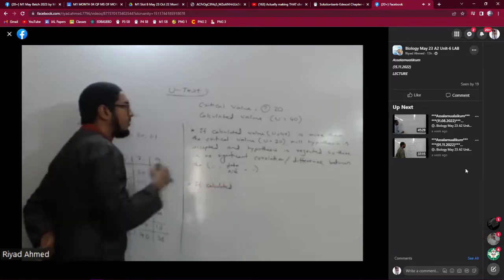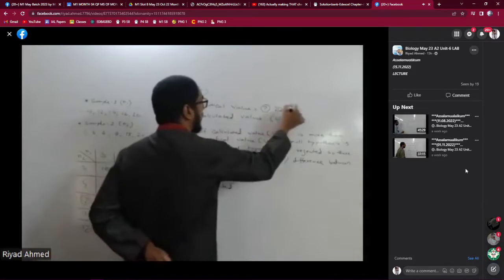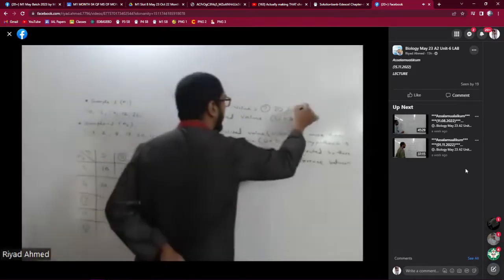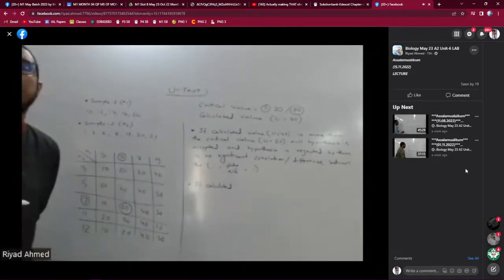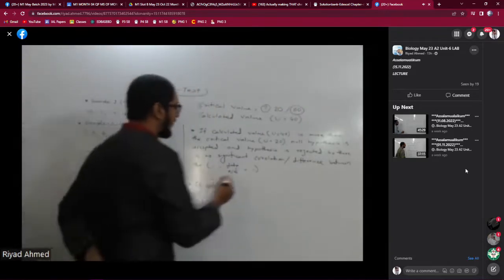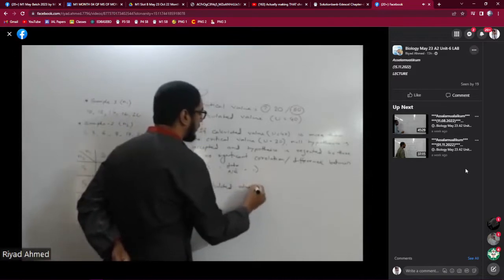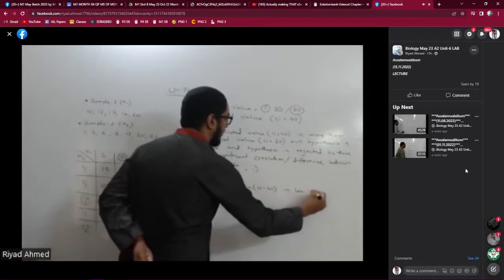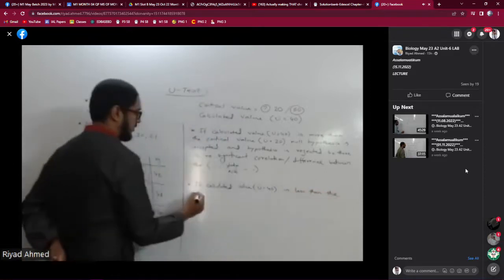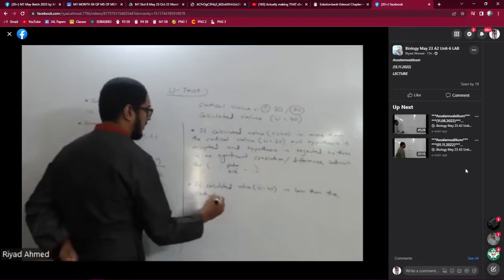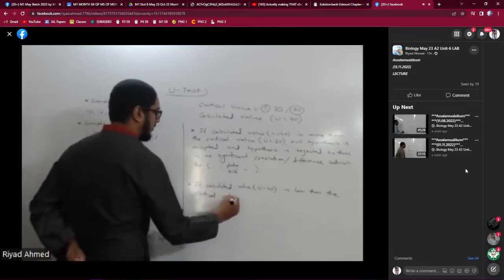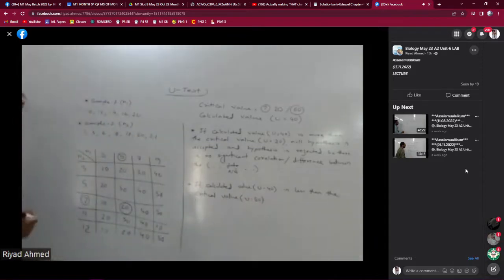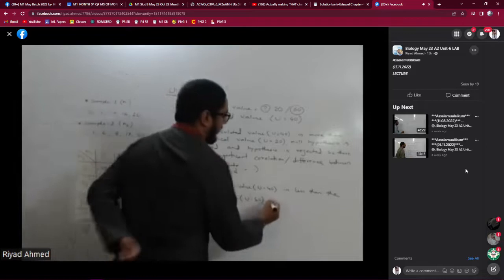For example, suppose the critical value is 50. Then how to analyze? If the calculated value, equal to 40, is less than the critical value, equal to 50, then tell me what will happen.